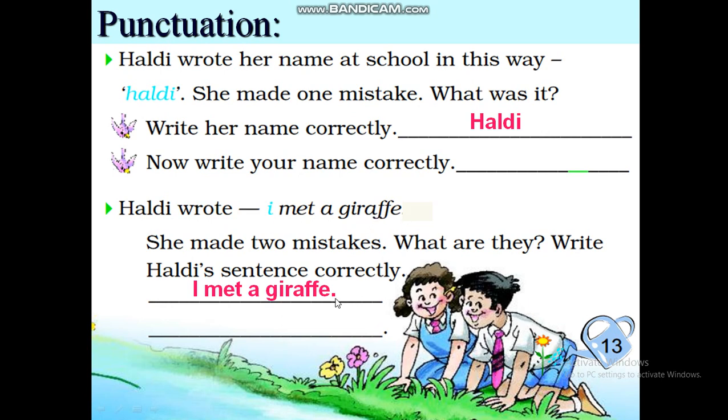This clearly shows that there are two mistakes. I met a giraffe. I should have been in capital form. After giraffe, there should have been a full stop, which makes it a correct sentence.